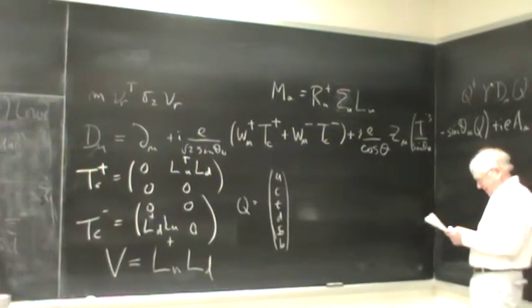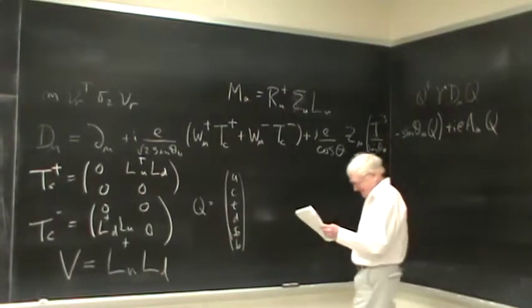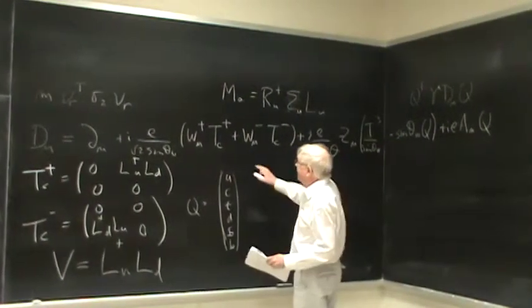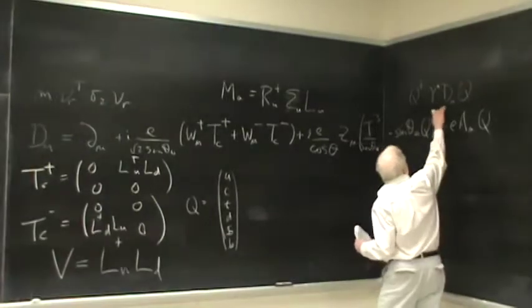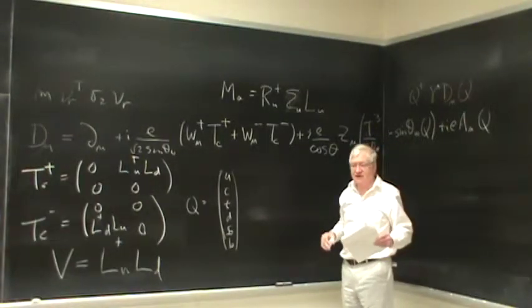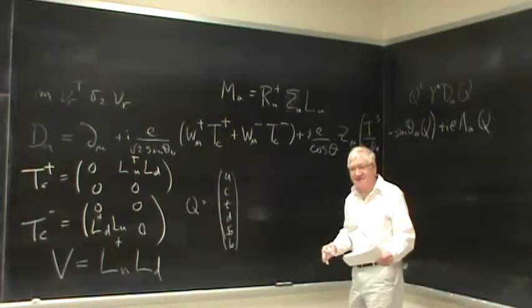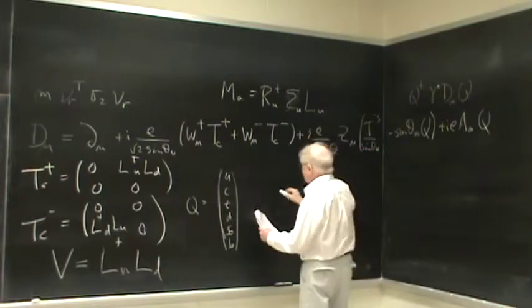All right, anyway, let's write this out in a way that I think makes things clearer. It makes things clearer to me. I hope it makes them clearer to you.